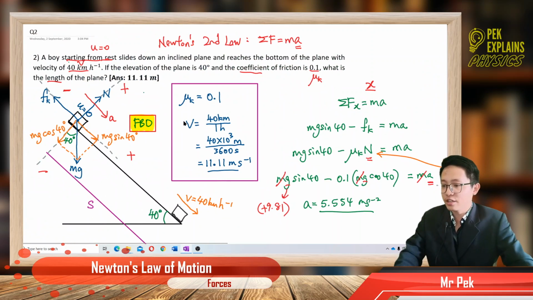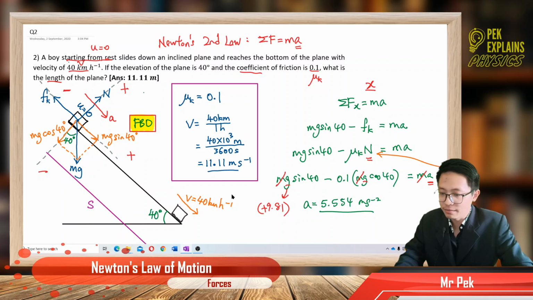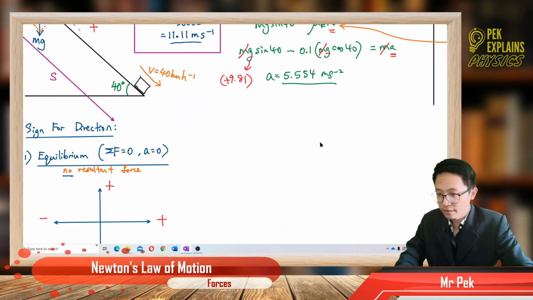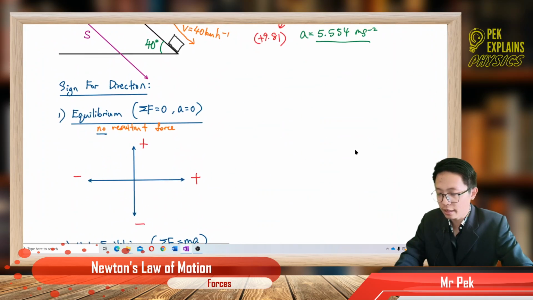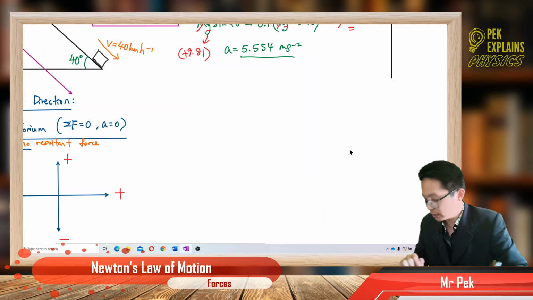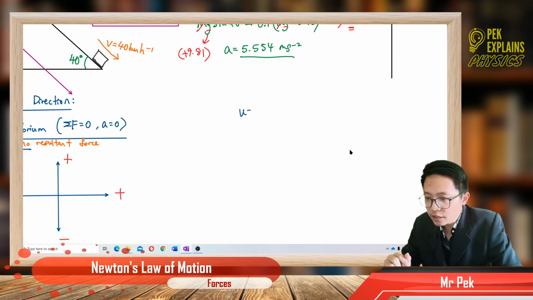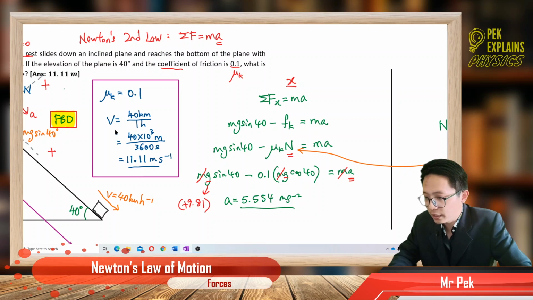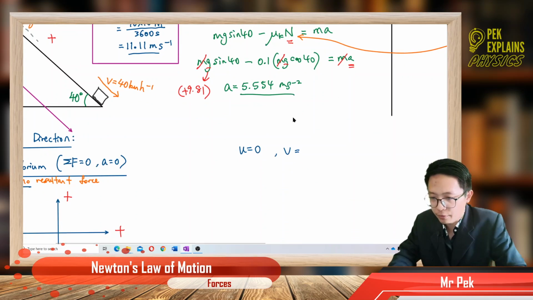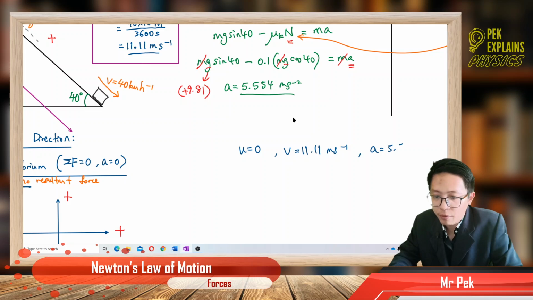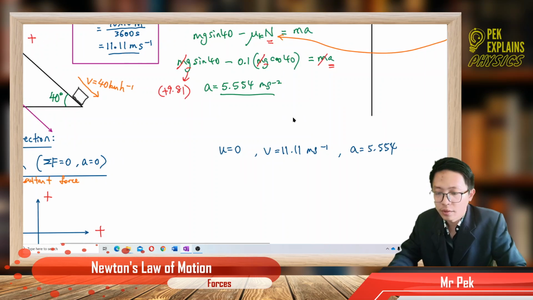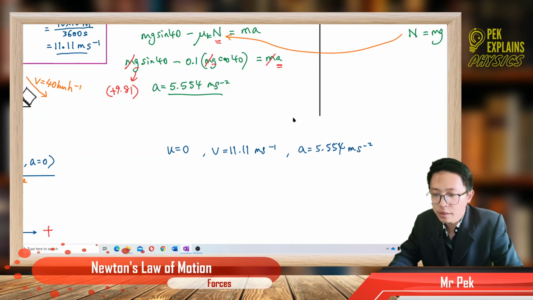We got the acceleration, so we can get the displacement because we already have all the values. The initial velocity starts from 0, and the final velocity of 40 km per hour, already changed to meters per second, is 11.11 m/s. We also have the acceleration, 5.554 m/s squared.